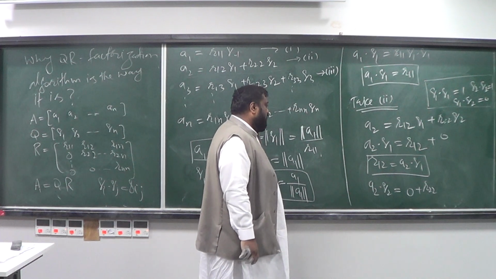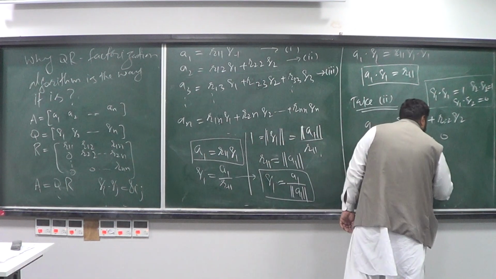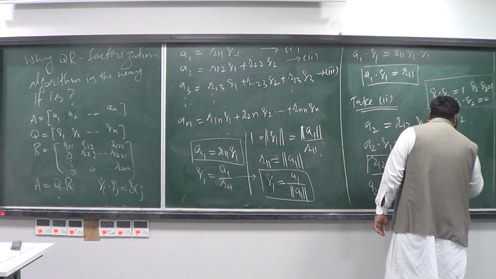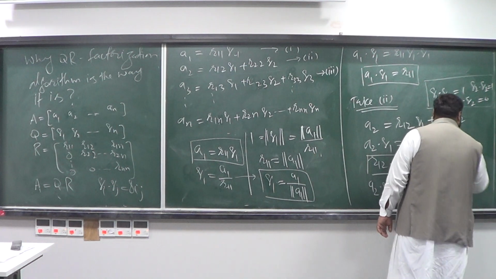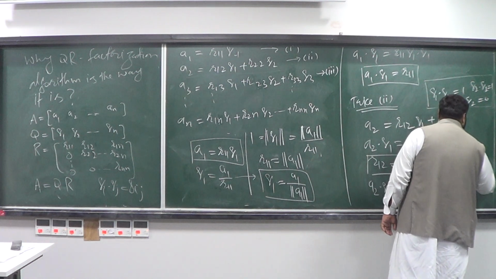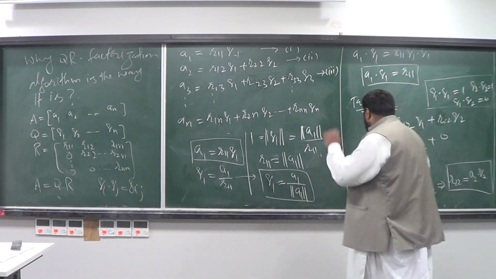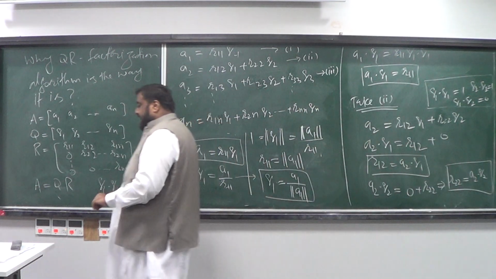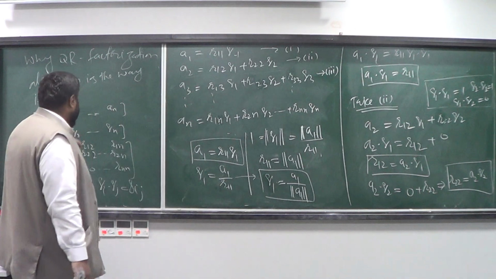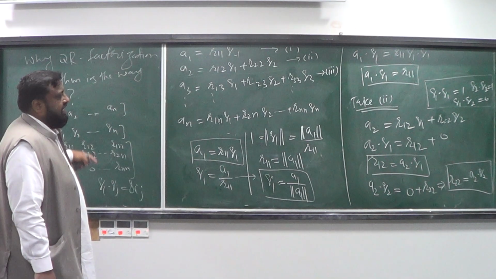So what do we deduce from here? My R22 is really A2 dot Q2. This is the second entry of the second column of my R matrix.